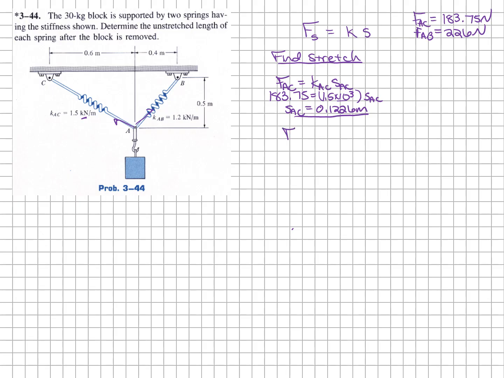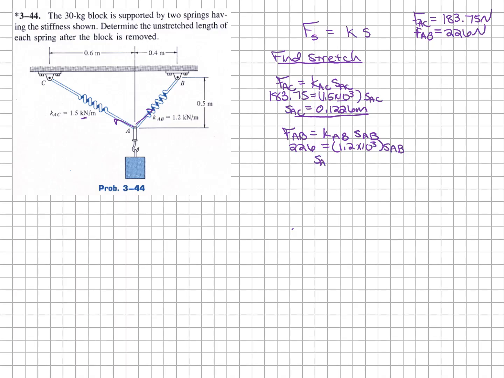Similarly, I can do FAB is equal to KAB times the stretch of AB. I have then 226 newtons is equal to my spring constant K, 1.2 times 10 to the third, again remembering that kilonewton, times SAB.